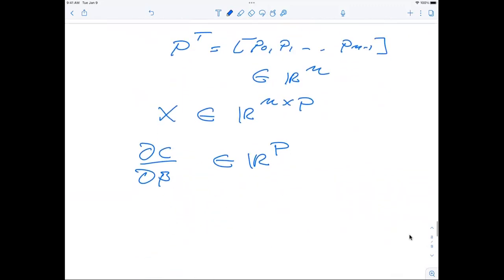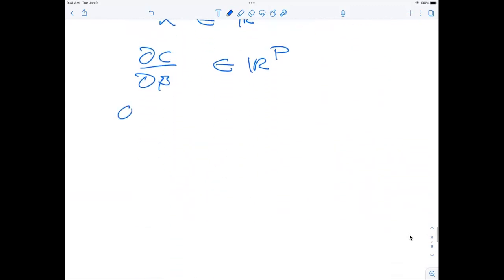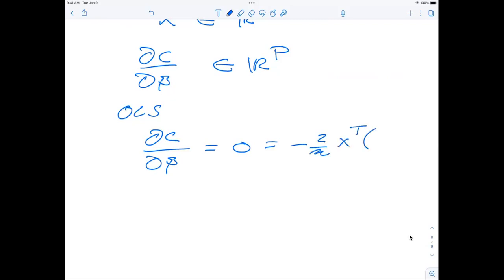In ordinary least squares, the derivative of the cost function was given by minus 2 divided by n, times X transpose, times (y minus X times beta).